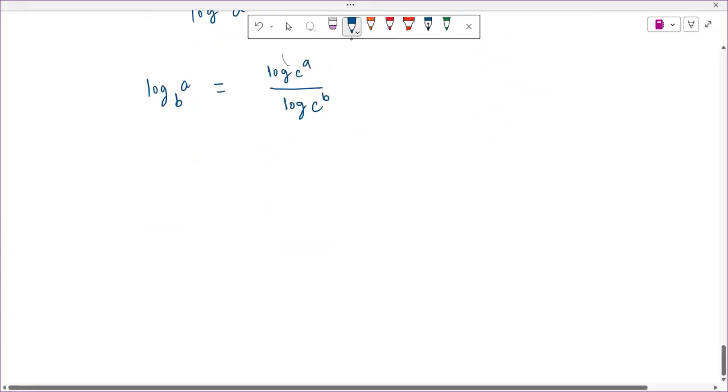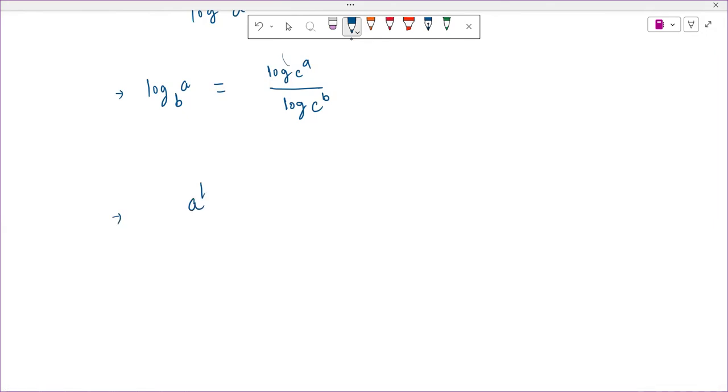Another property you can have is that a to the power log_a x is nothing but x. Another rule, let me write here.